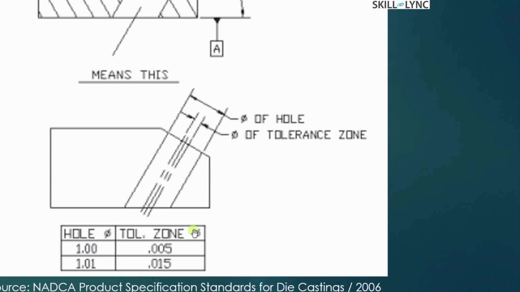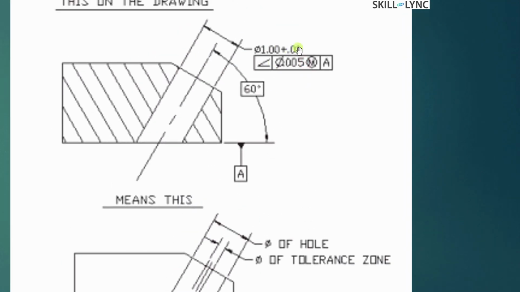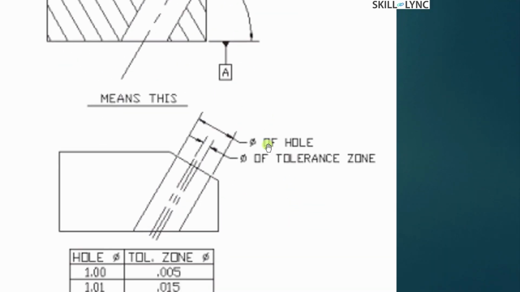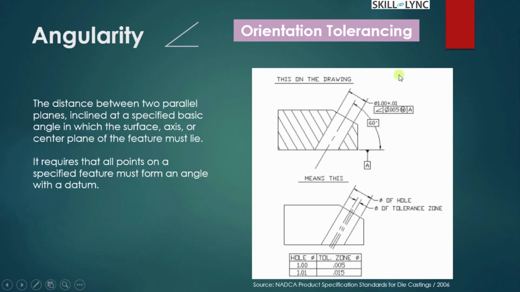So this is how it applies to the different holes, because we have a base dimension here and a maximum material condition here. Applying those two, you get the tolerance zone specification. So this is your orientation tolerancing, controlling the angularity of a surface or axis with reference to your datum plane.